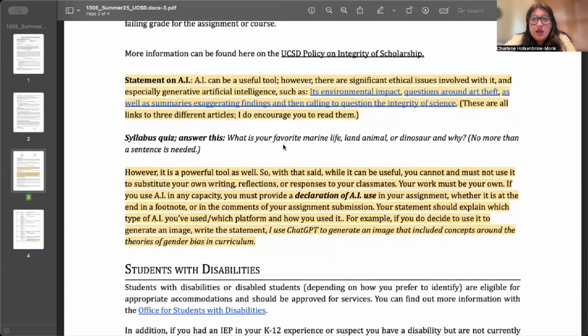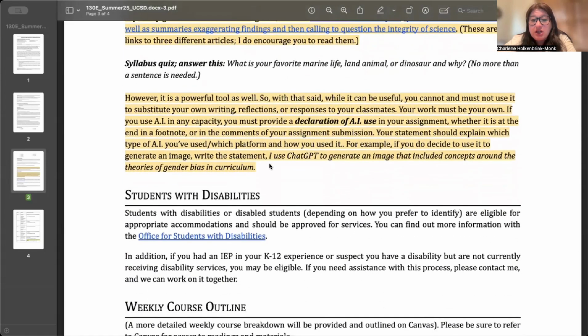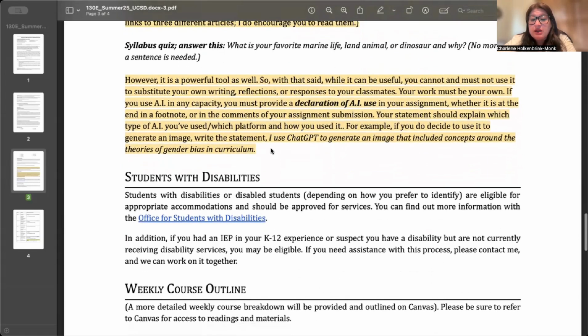If you do use AI as a tool, so for example, refining papers or grammar checks, or you needed it to clarify a question or a prompt, you need to provide a declaration of AI use in your paper. So you need to explain how you used it. If, for example, you did use it to generate an image, then you'll write the statement, I used ChatGPT to generate an image that included concepts around the theories of gender bias in curriculum.